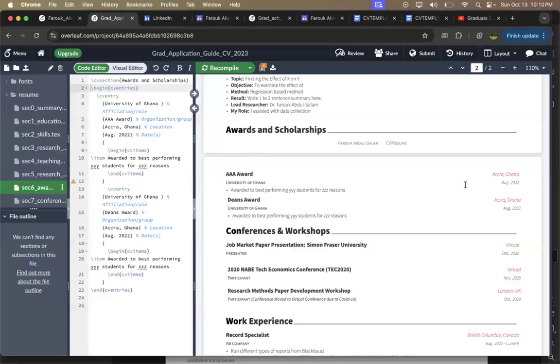I personally put mine there, and all the awards were related to academics, whether you were the best graduating student or you won an award for a particular course or something. You should be able to put it there. So you should be very careful with the type of award that you put there, because I have reviewed some CVs in the past, and you will see the person putting an unrelated award that would not give you the chance. So know the type of award that you write there.